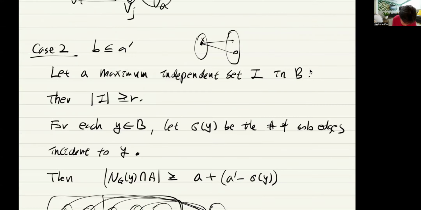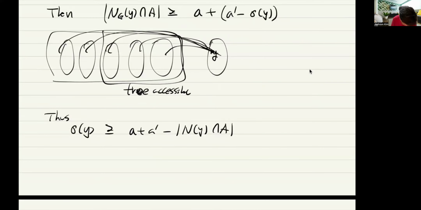And we assume that B is less than A prime. And this is what?